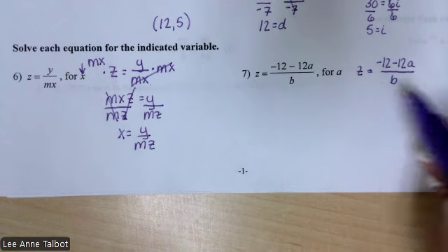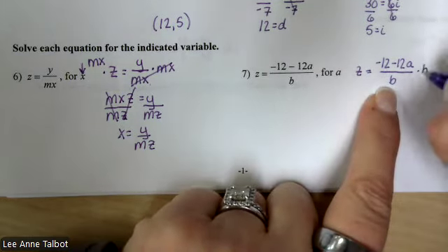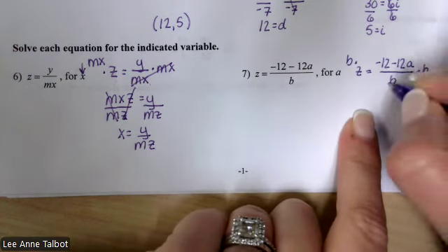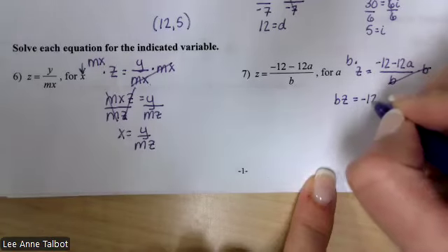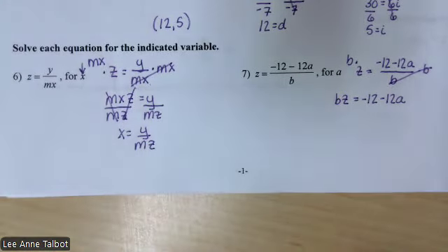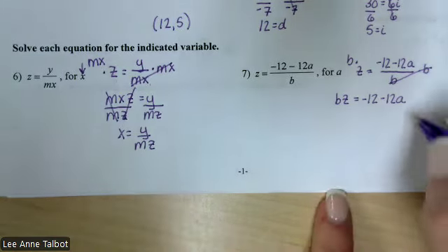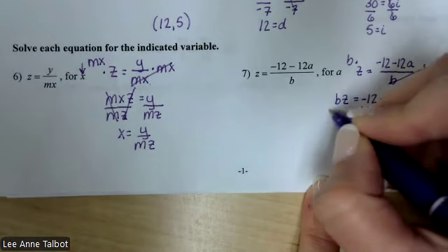Okay, now number 7 is going to start out very similarly. I have division. I'm going to undo it with multiplication. And now I want to get a by itself, so I've got to move this 12 over.